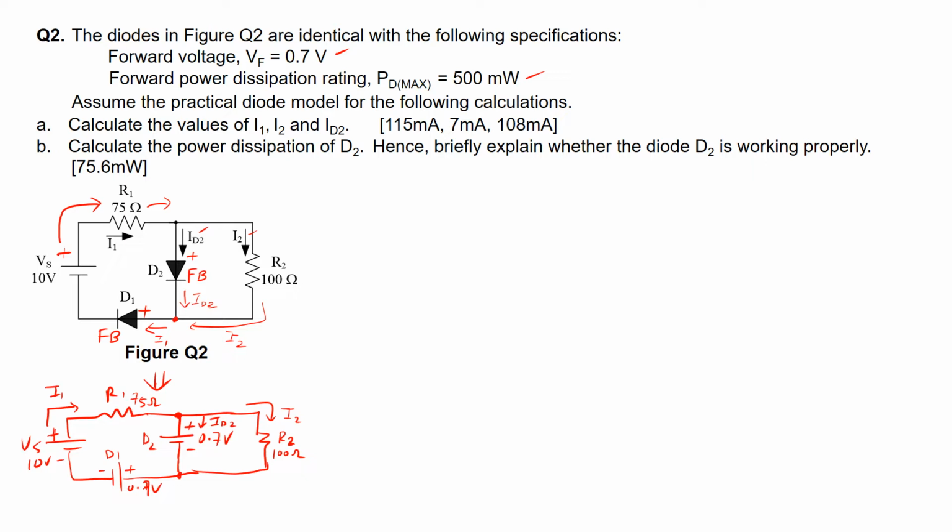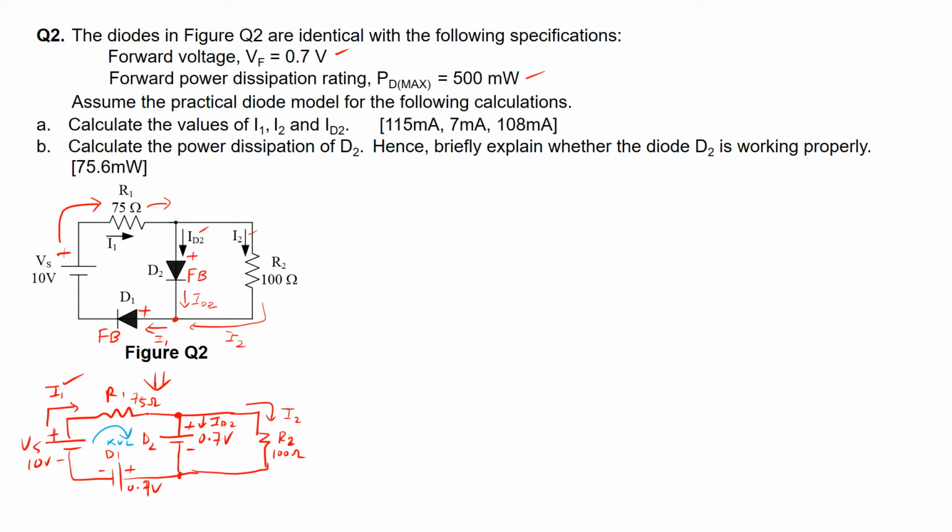Now we can use this equivalent circuit to calculate the current I1 first. Our current I1 is here, passing through the resistor R1. To calculate this current I1, we can make use of KVL. How we use KVL is we apply KVL around this loop here.